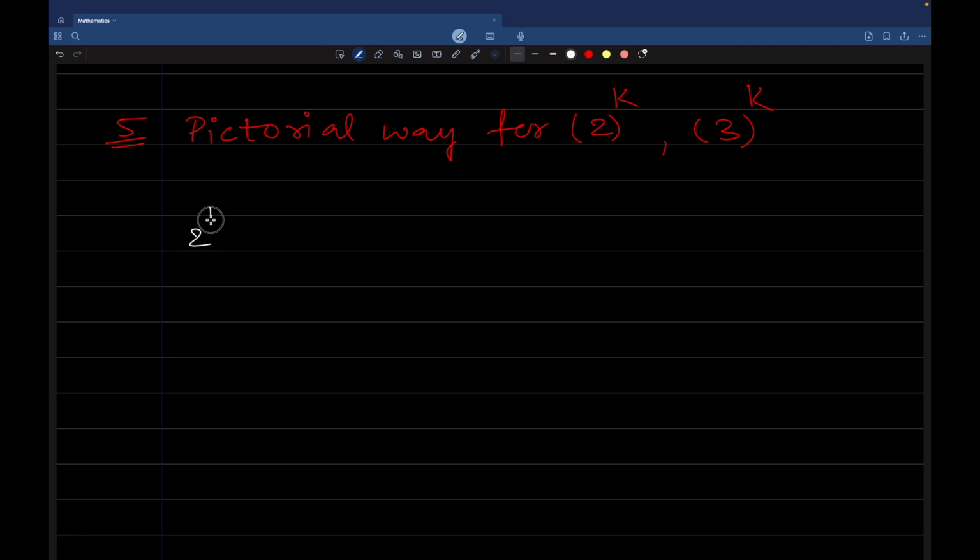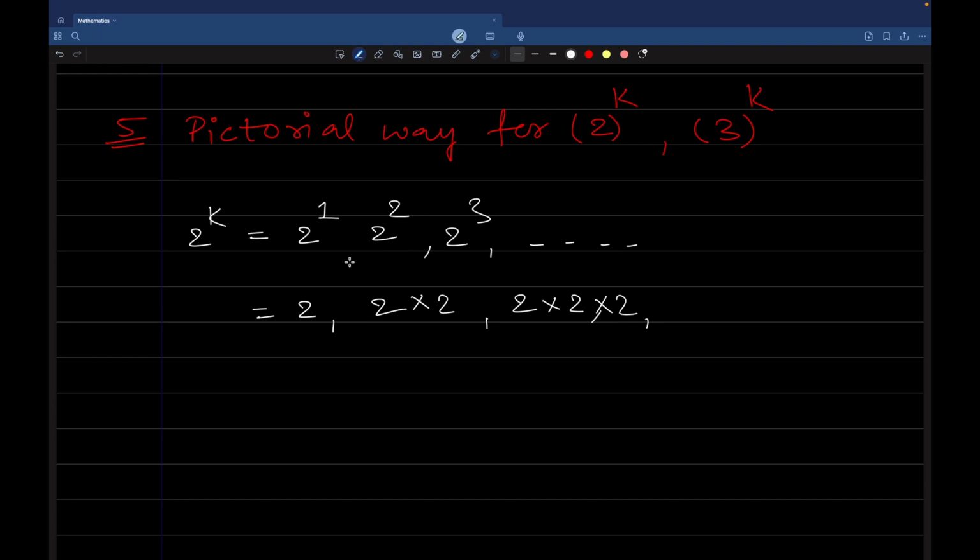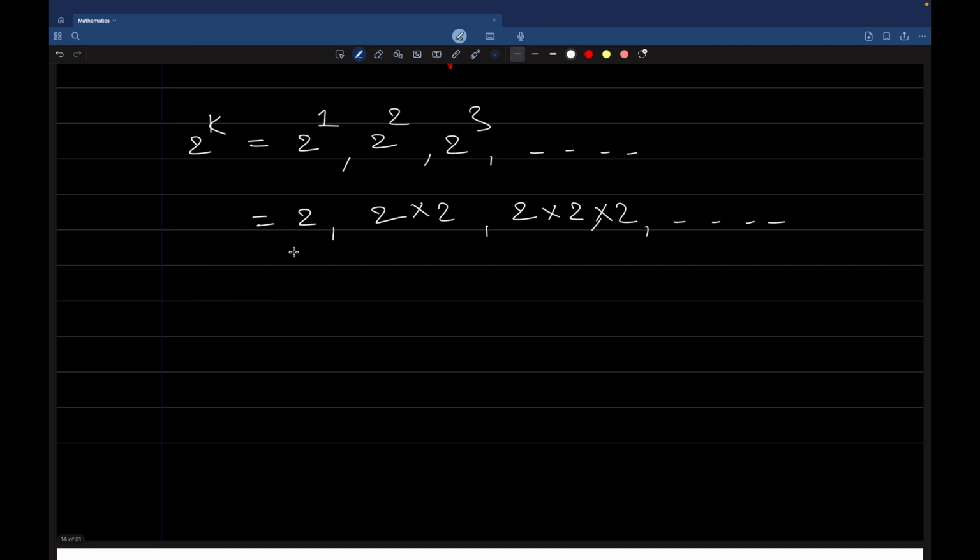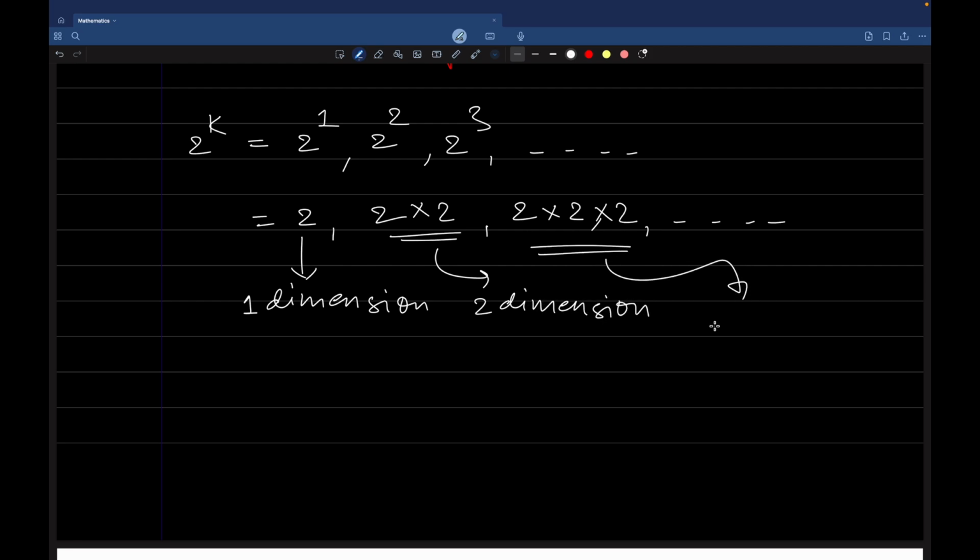If we draw 2 raised to k, that is 2 raised to 1, 2 raised to 2, 2 raised to 3, that is 2, 2 into 2, 2 into 2 into 2, and so on. This will be in one direction, that is one dimension. This is in 2 dimensions. This is in 3 dimensions.